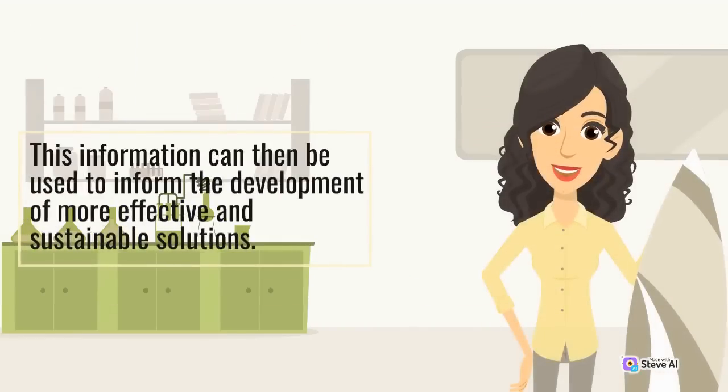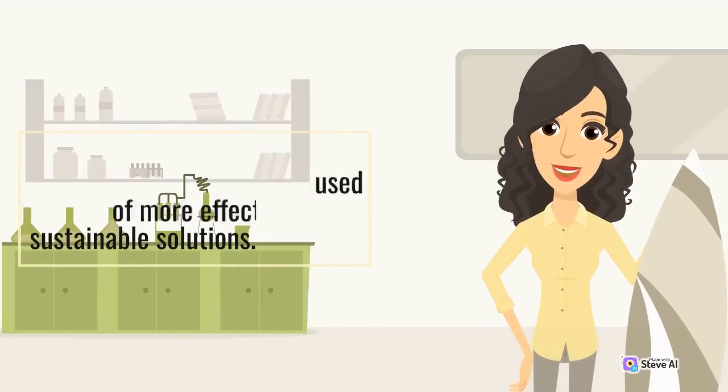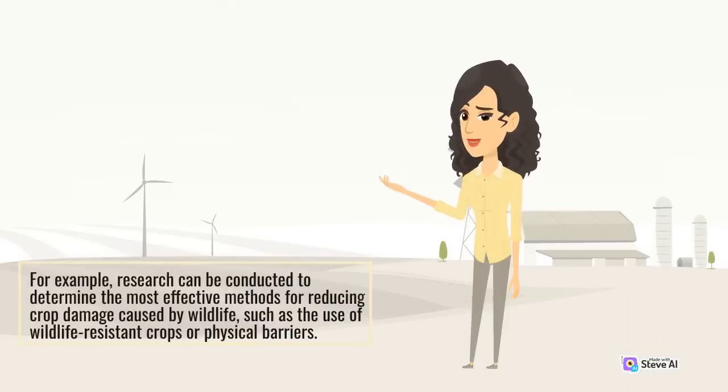This information can then be used to inform the development of more effective and sustainable solutions. For example, research can be conducted to determine the most effective methods for reducing crop damage caused by wildlife, such as the use of wildlife-resistant crops or physical barriers.